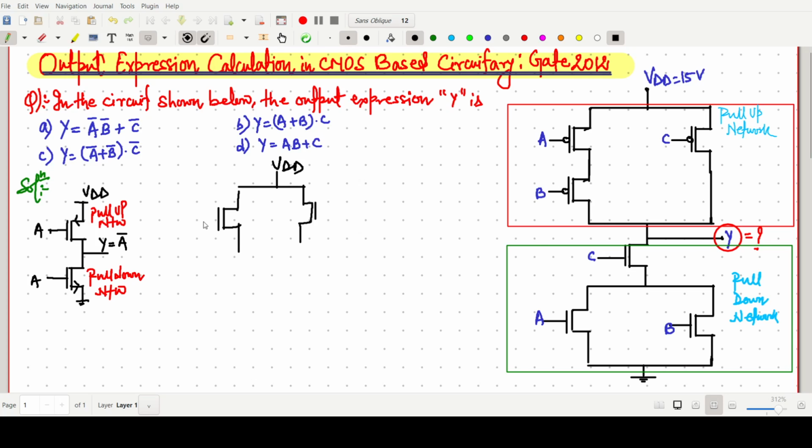Say this one is VDD, say this one is A, better to put a bubble here.